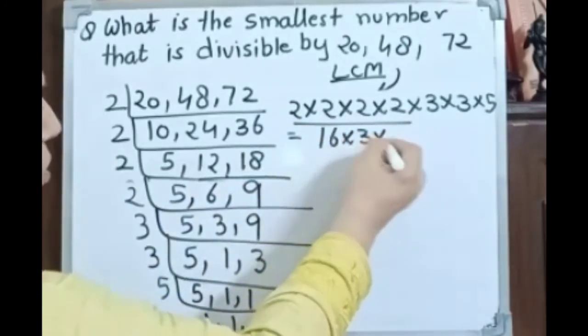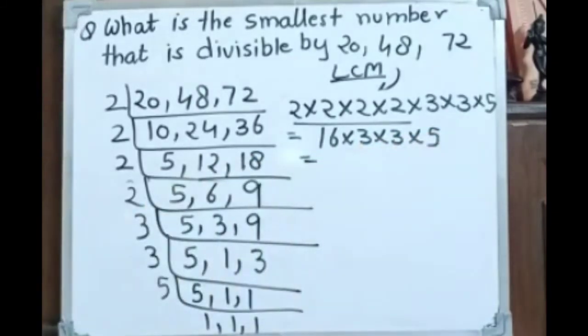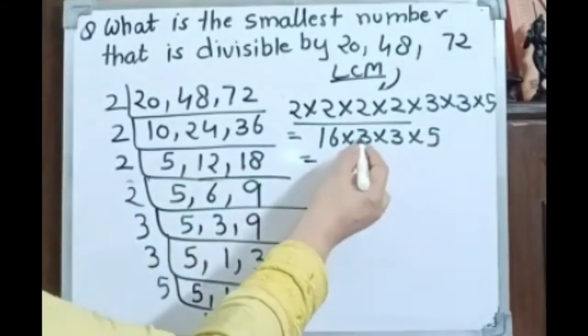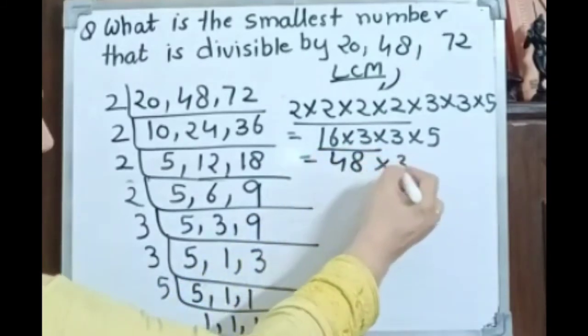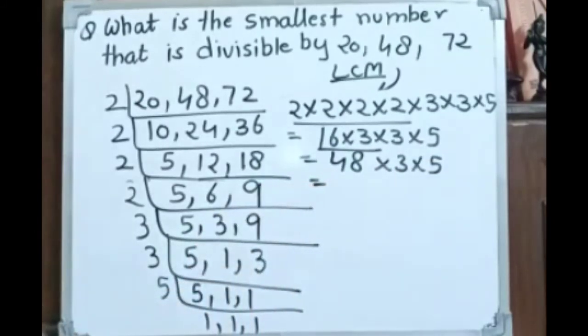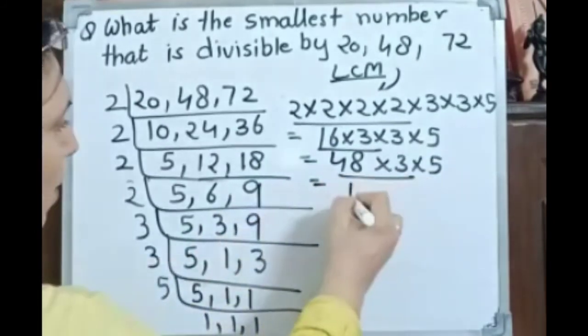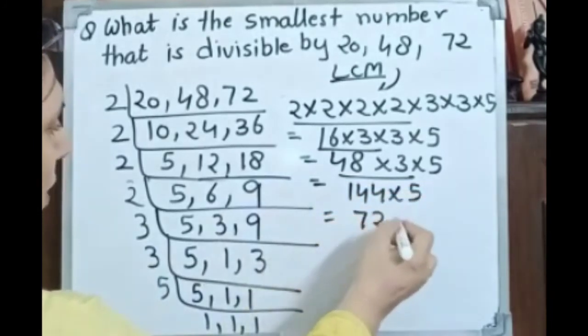Then 3 into 3 into 5. Then 16 into 3, so we have 48. Then 48 into 3 is 144, into 5. So the last one is 720.